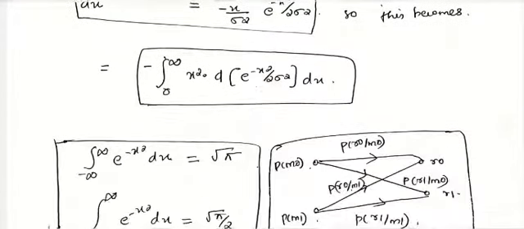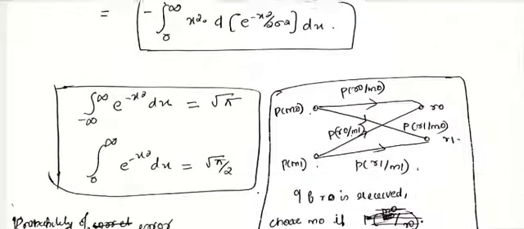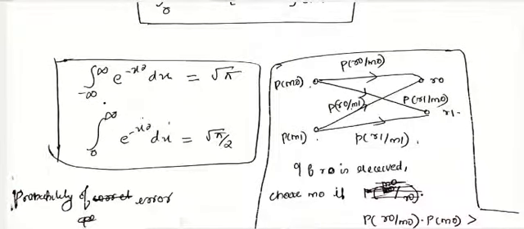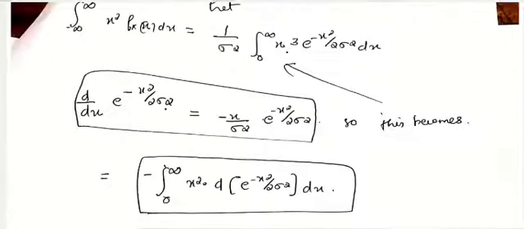Okay. And another important thing is the integral from minus infinity to infinity of e raised to minus x square dx is equal to root pi, and the integral from 0 to infinity of e raised to minus x square dx is equal to root pi divided by 2. That is also a very important relationship.